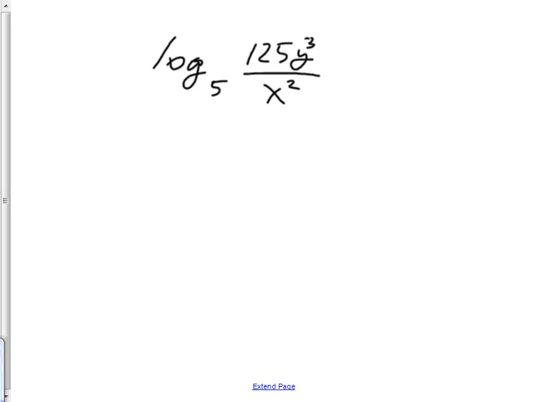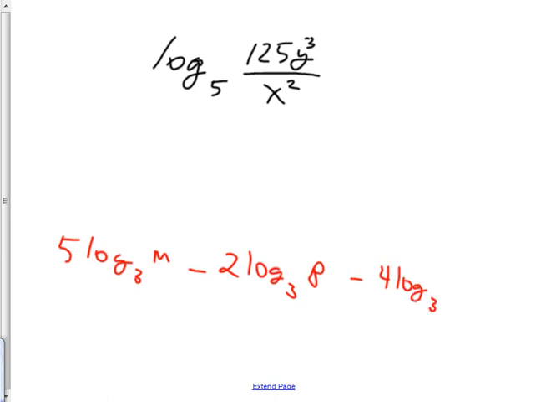Then the other one is already expanded. 5 log base 3 of m minus 2 log base 3 of p minus 4 log base 3 of MP.